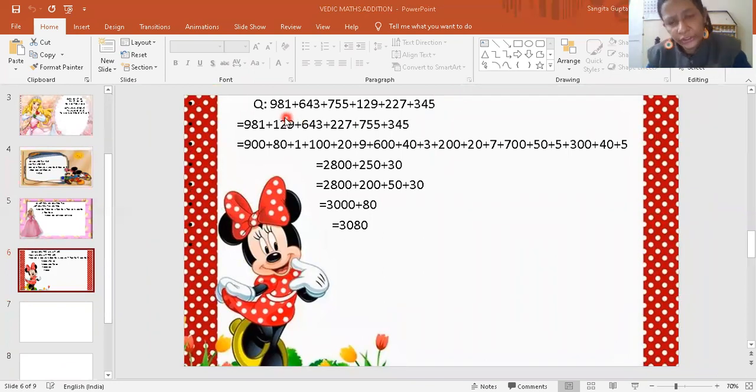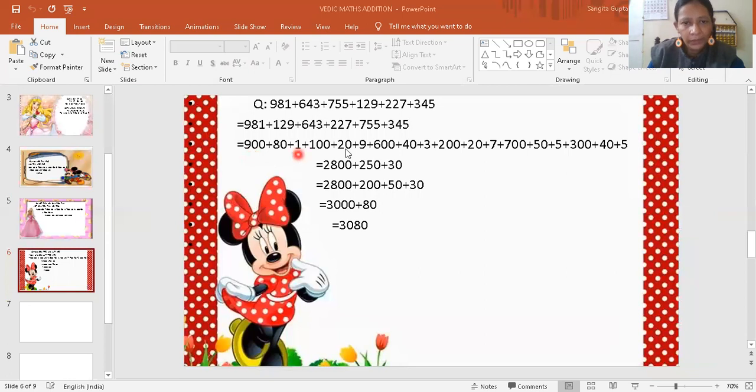Now you look at this question. This is just the same. Now in 981, in this line, you can see I have just done the same rearrangement. And in the next line, you can easily see yourself I have done the expansion that you can do easily on your own. Now I'm going to add this.